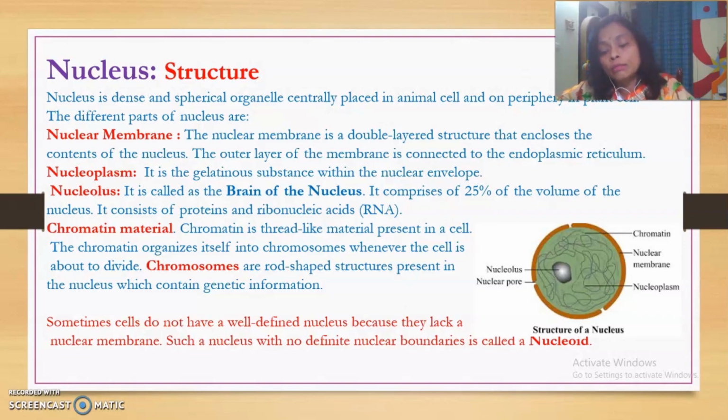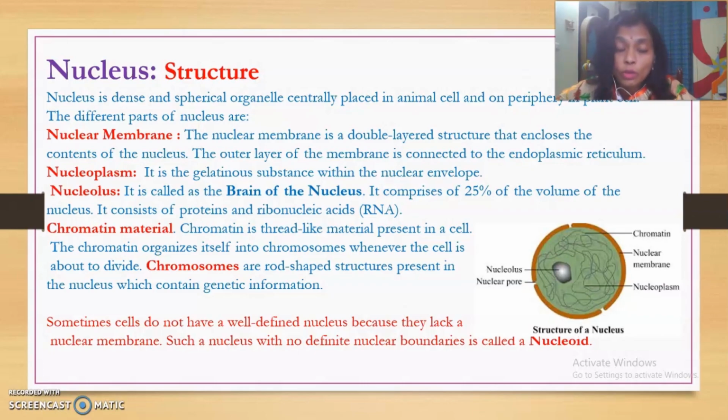Now the thread-like structures which you are seeing in the diagram, that is the fourth part of the nucleus and we call it chromatin material. This chromatin material is a very important part of the nucleus because it is this portion which contains the genes and is responsible for the transmission of the hereditary characters from parents to offspring.